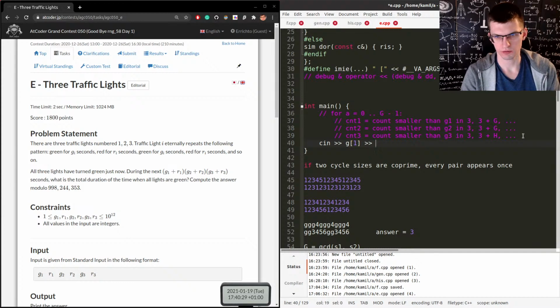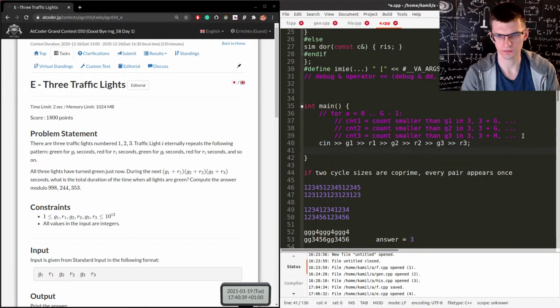G1, R1. Should I use variables? Yeah, let's do it like that. G2, R2, G3, R3. And S3 is the size of the last one, G3 plus R3.